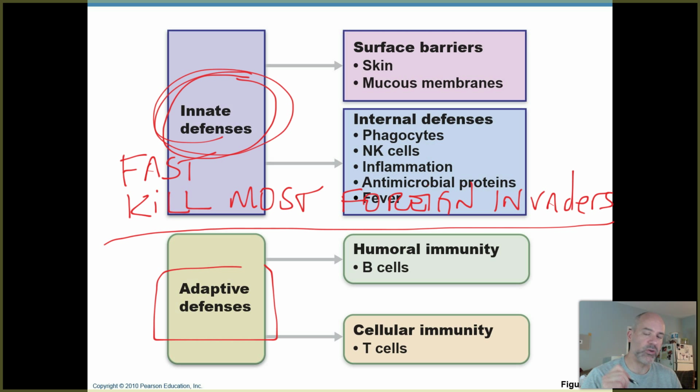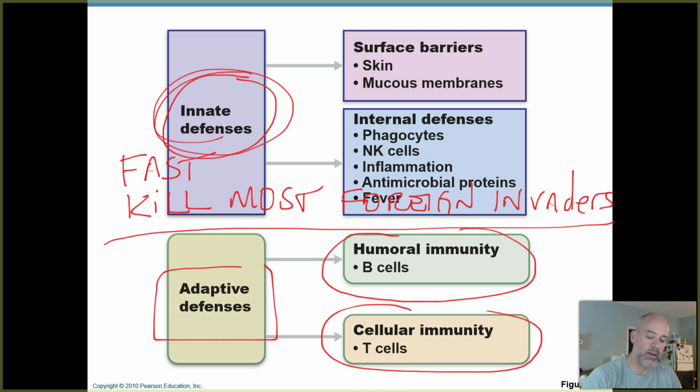So in those cases, your adaptive defenses have to kick in, and these include two branches. Humoral immunity involves your B cells, and cellular immunity involves your T cells. Humoral here is referring to humors, which is an older term for body fluids. And more specifically, humoral immunity refers to antibodies.